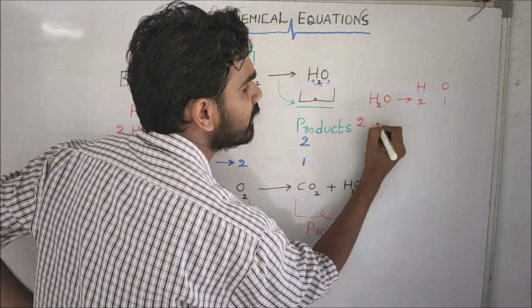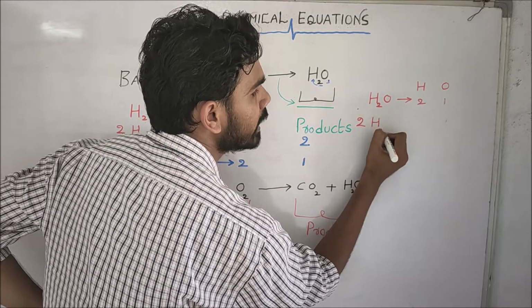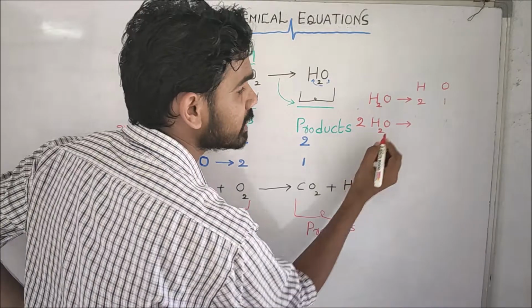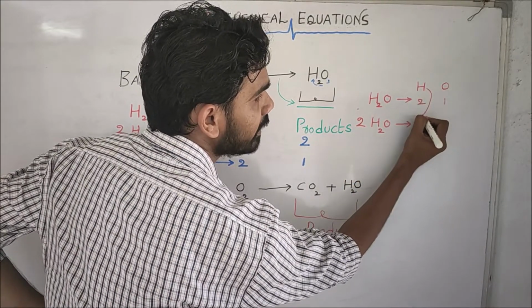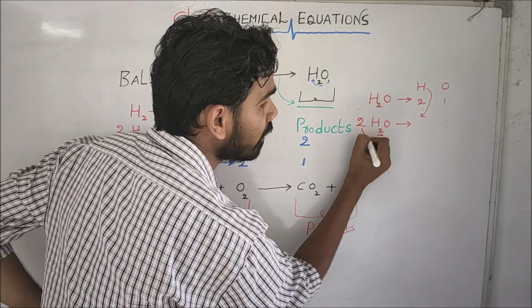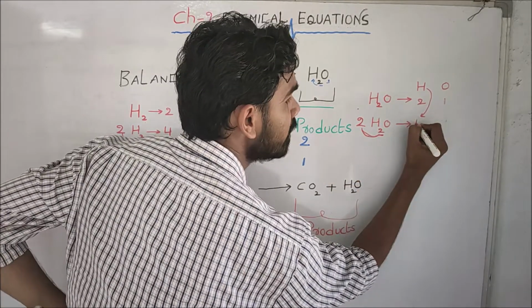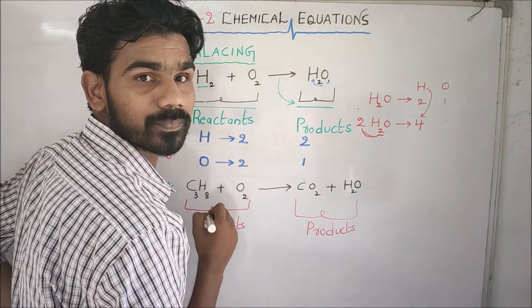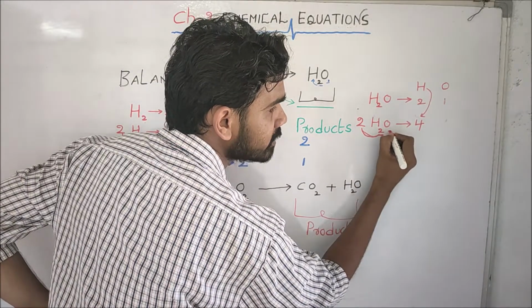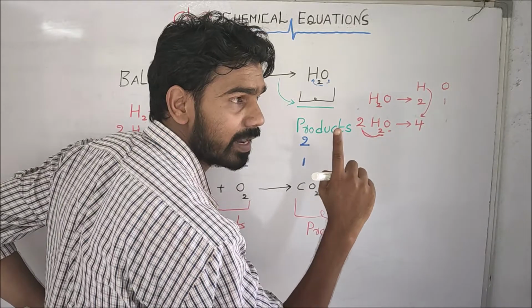For example, if it is like this, 2H2O. Now this time, how many hydrogens are there? 2 hydrogens, but when a front number is there, you have to multiply. 2 2s are 4. Now how many oxygens? Here, down, there is no number, so we consider it as 1.